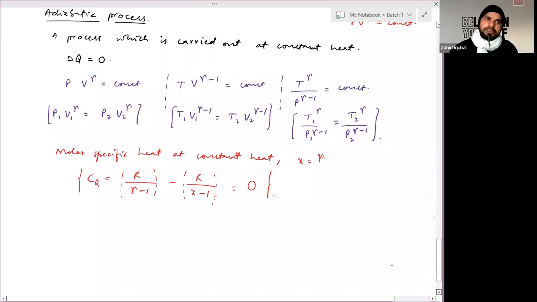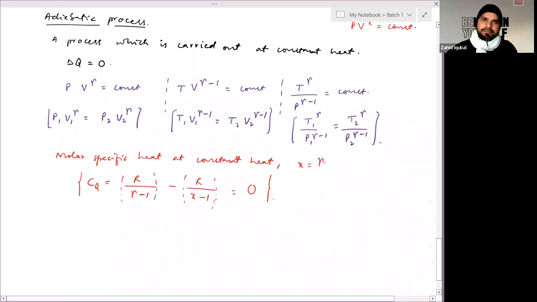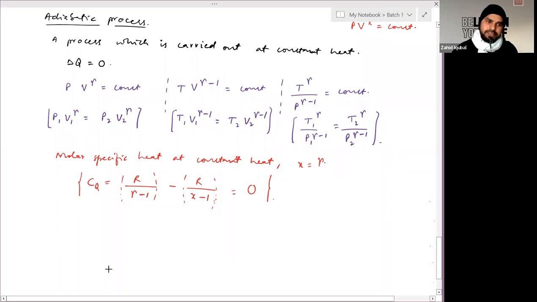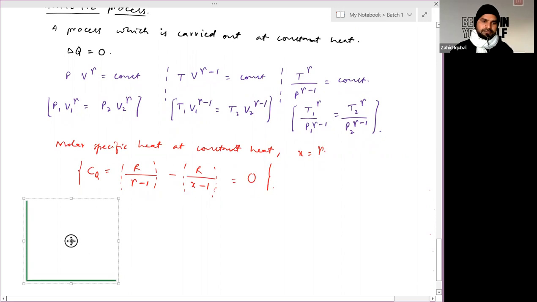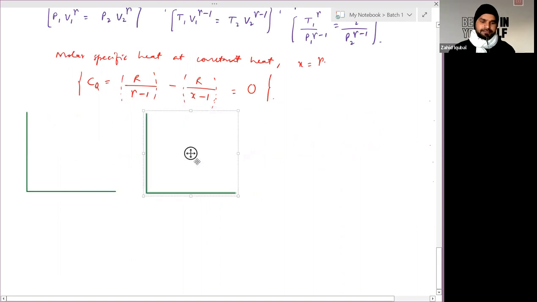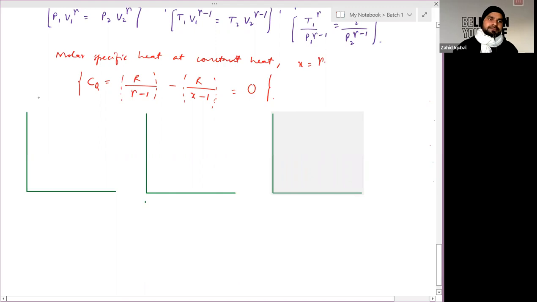Next, we have to plot indicator diagram for this process. First is pressure versus volume.